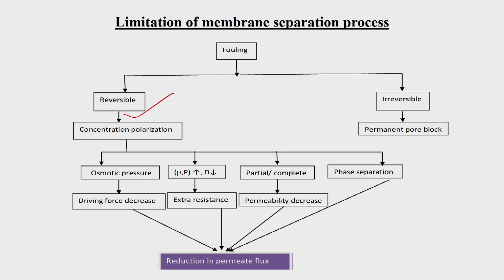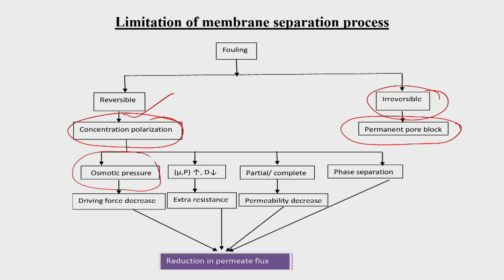For reversible fouling we have concentration polarization, and for irreversible fouling we have permanent pore blocking. Due to permanent pore blocking, the permeability of the membrane is lost permanently. But for reversible fouling, due to the concentration gradient polarization, the osmotic pressure increases and viscosity increases as well as the diffusivity value decreases, and partial or complete pore blocking starts, and phase separation also starts.